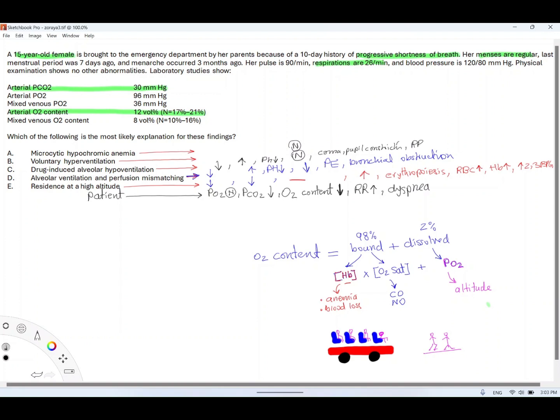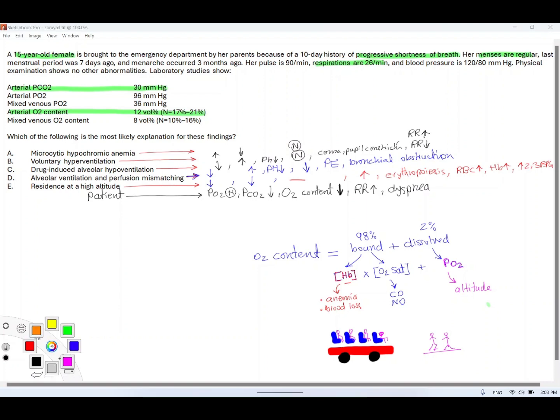So respiratory rate will be low. In this person, the respiratory rate is high, right? In hyperventilation, you expect oxygen to increase and carbon dioxide to decrease. Content will stay the same, and respiratory rate will increase. Maybe the patient is more tachypneic, right? And symptoms of hyperventilation can be dizziness, weakness, syncope, respiratory alkalosis.